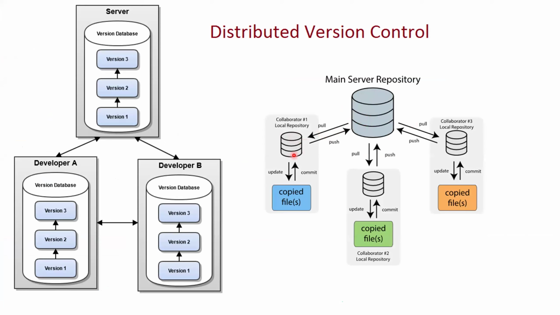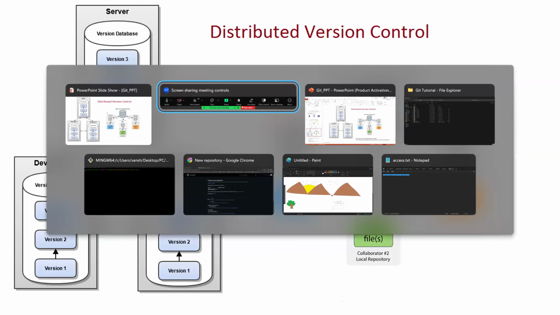Right now we have a local copy, so we need a hosting service to push our data or our repo. So how to do that? For that, we require GitHub.